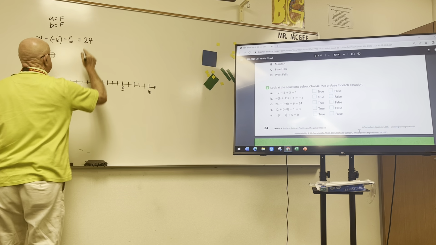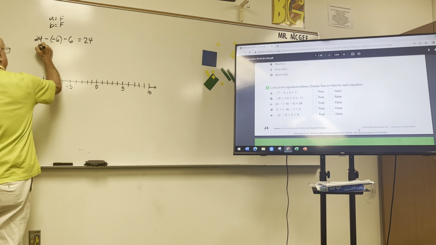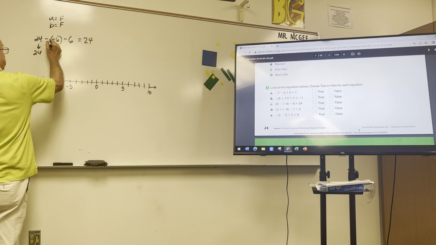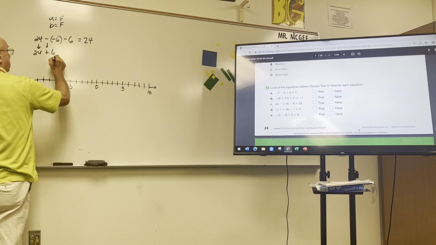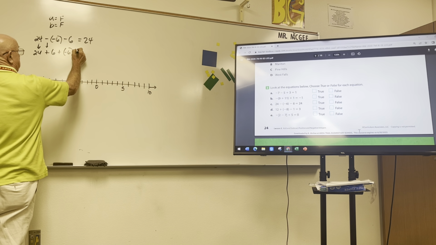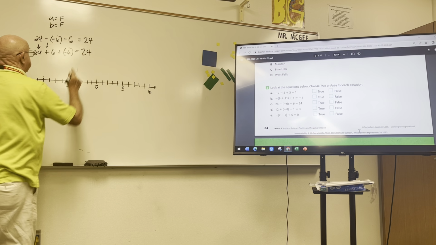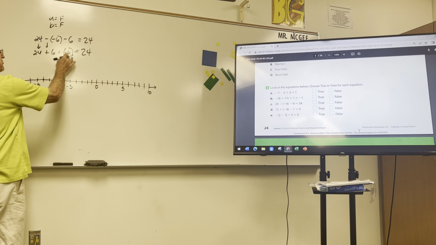So watch what happens when I do keep, change. Because I can do that with more than one, right? So if I keep this one as 24, this becomes a plus. That becomes 6, and this becomes a plus and a negative 6. And then equals 24. Look close right here. I have 6 plus negative 6.